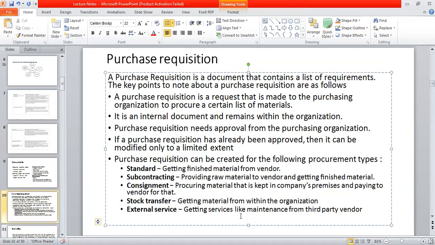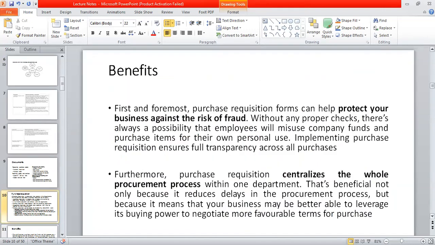And finally, they can be used for external services, which is for getting services like maintenance for your plant and equipment from a third party or a vendor. So these are the different cases whereby the purchasing organization can issue the purchase requisition.